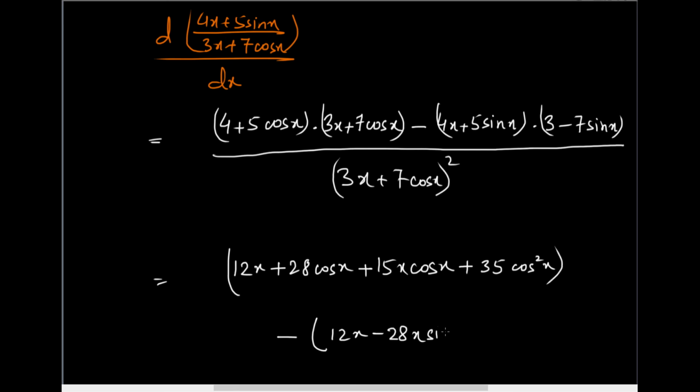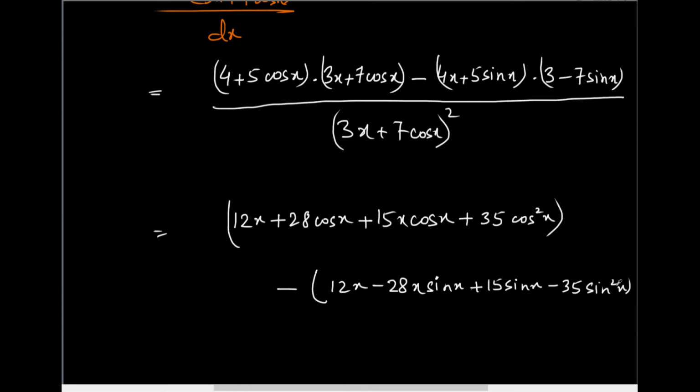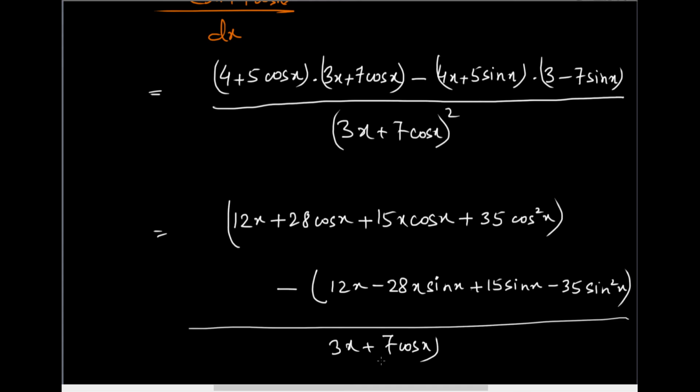And then 5 sin x times 3 is 15 sin x, and 5 times negative 7 is negative 35, and sin times sin is sin square x, so that is negative 35 sin square x. And whole of that over what is in the denominator, that is simply (3x plus 7 cos x) whole square.